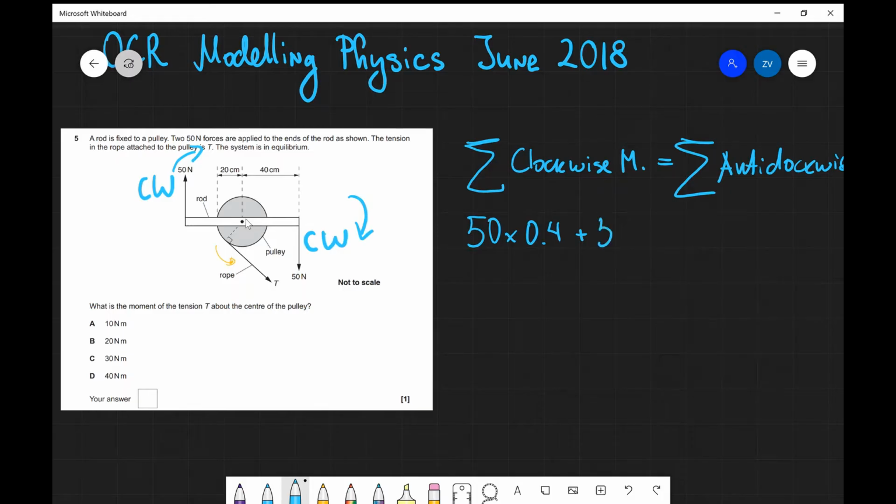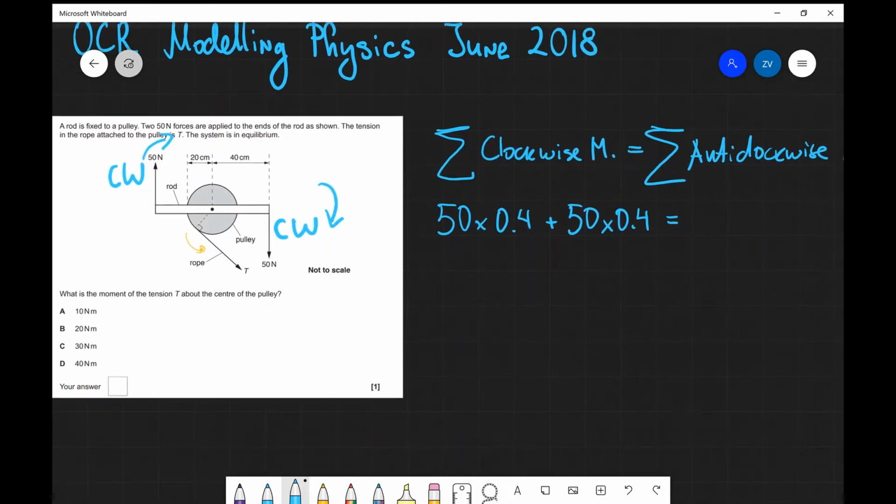So it's going to be 50 times 0.4 again. That's going to equal the sum of the anti-clockwise moments, and there's only one, the moment of T. I'm going to call that MT for short.